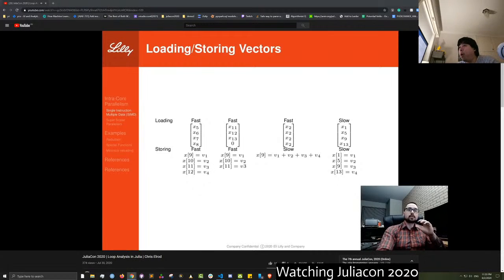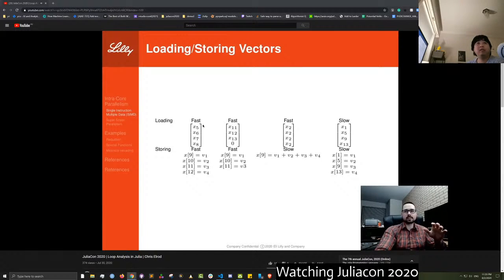Now, something that is important to hold in mind when you are writing your own code is the layout of your data in memory and how you access it. I will go over this in a very heuristic manner.